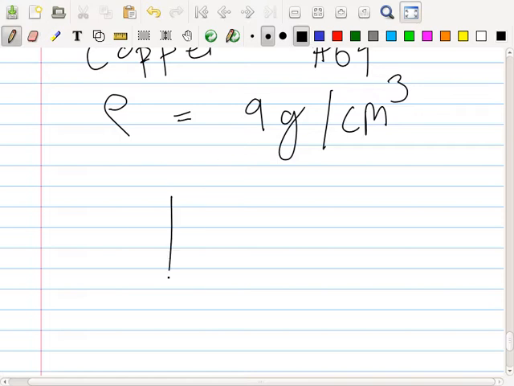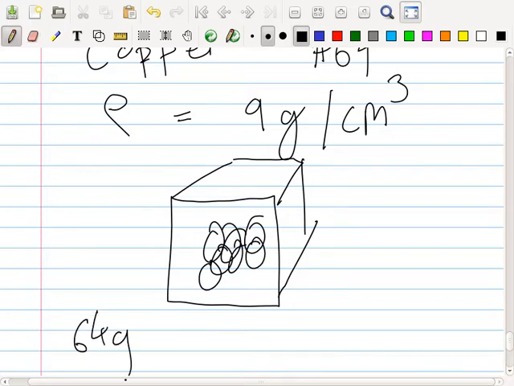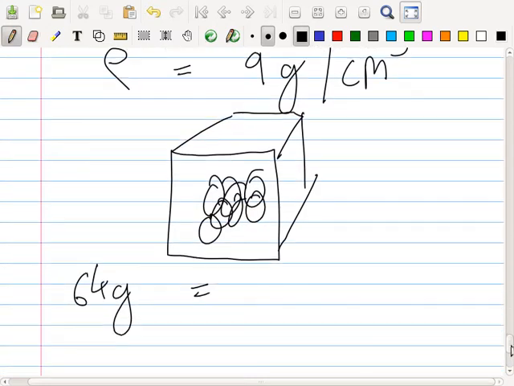Here's our box, and our copper's inside it. Now, what does the 64 tell me? That if I have 64 grams, that will equal how many atoms?